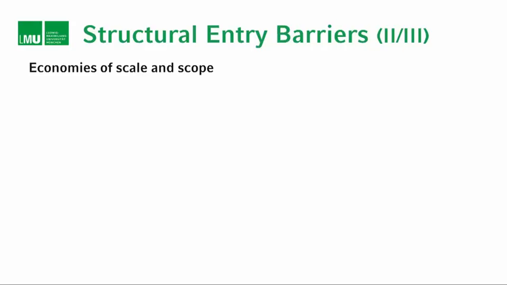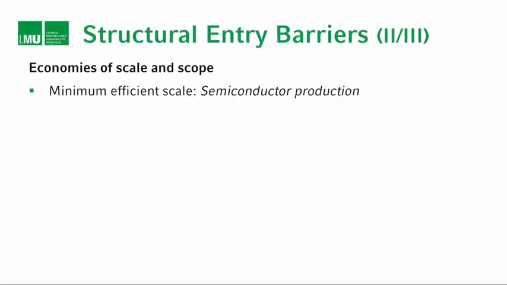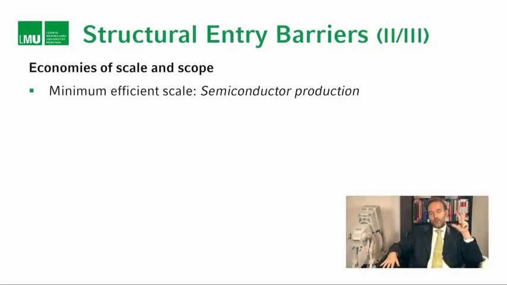Another structural entry barrier are economies of scale and scope and economies of learning. So what do I mean by that? First of all, there might be something like a minimum efficient scale to operate in an industry. So you cannot produce just a few semiconductors.